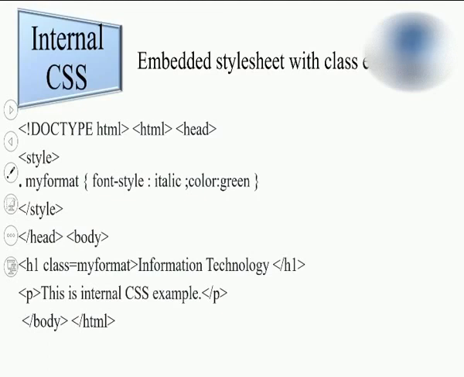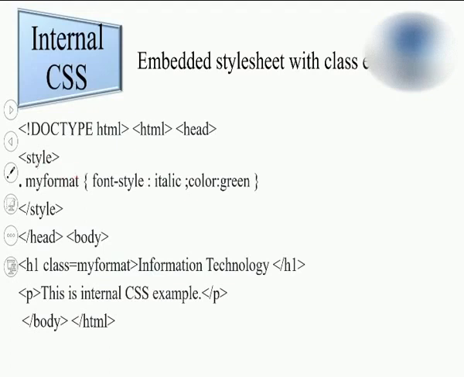To apply the internal CSS by making use of the class, you can try out this code. If you want to give the style, you have to specify the style tag first, inside the head tag. Style is a paired tag, so I need to write end style. I wrote dot my format as the name of the style, or name of the class, I can say.